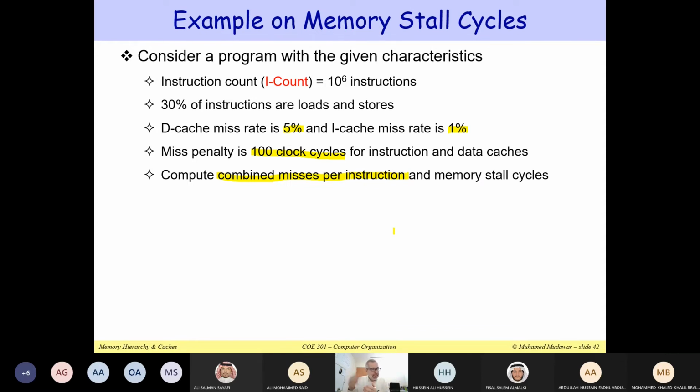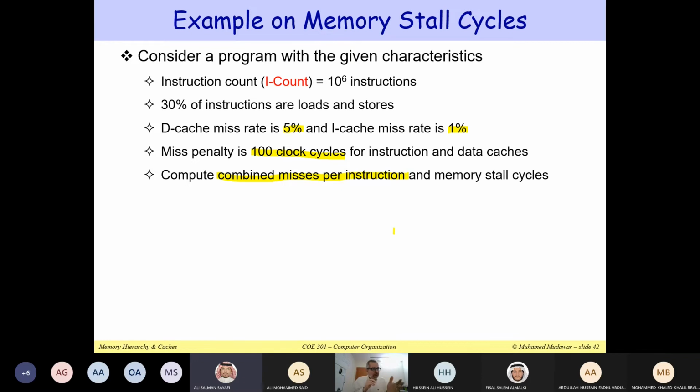So when I say misses per instruction in the instruction cache, it's nothing but the 1%. That's basically the miss rate, because every instruction has to be fetched. But what is the misses per instruction in the data cache? Multiply by 30%, load and store, by the D cache miss rate.